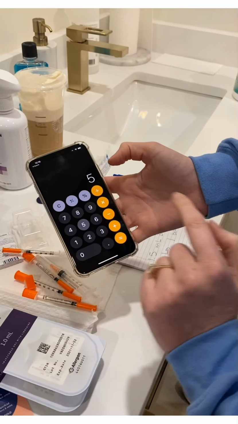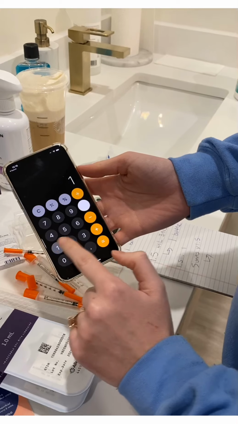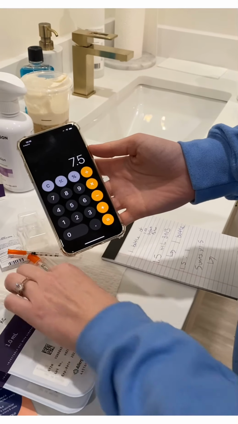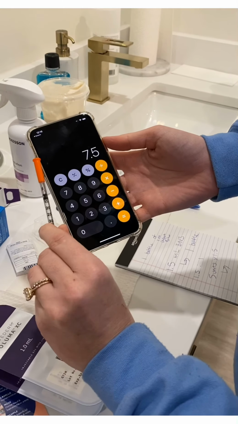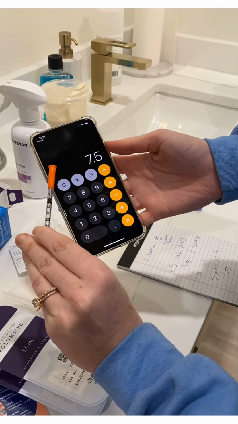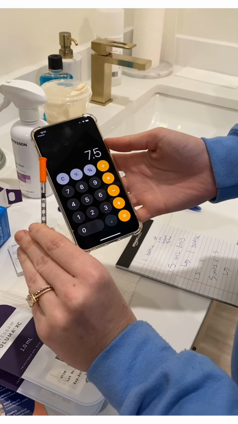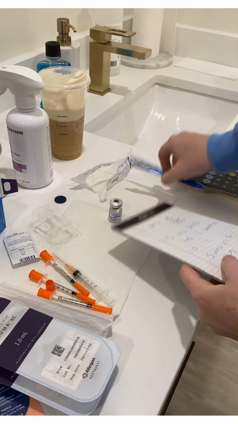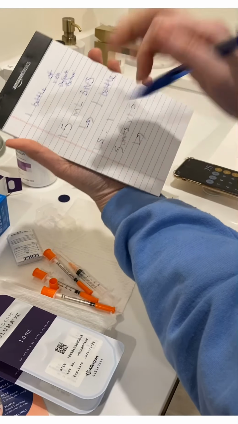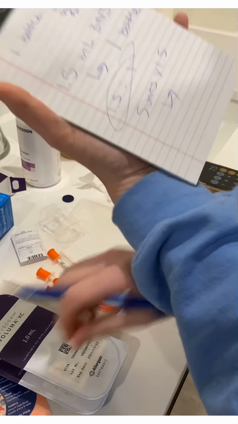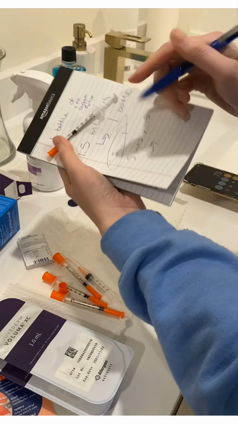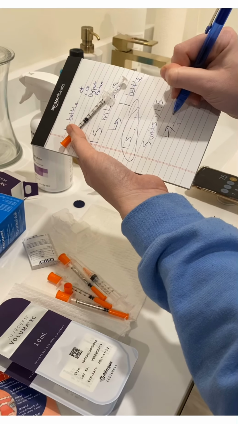You take 5 units times 1.5. That means I'm going to draw up to 7.5 to equal 5 units. With my 1.5 dilution, if I'm trying to get 5 units, I'll draw up to 7.5.